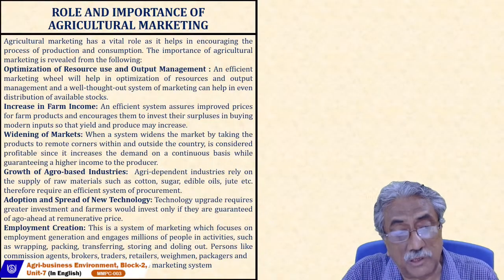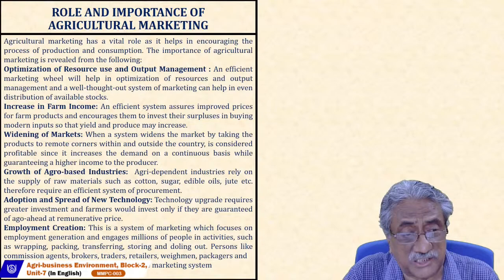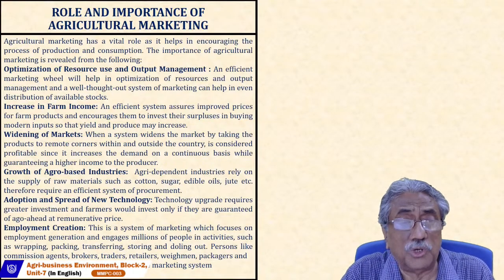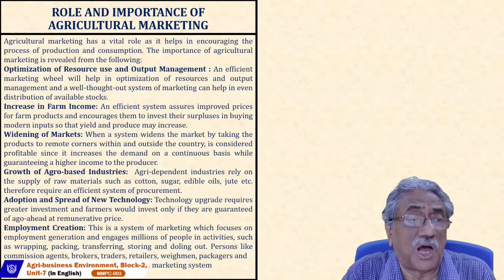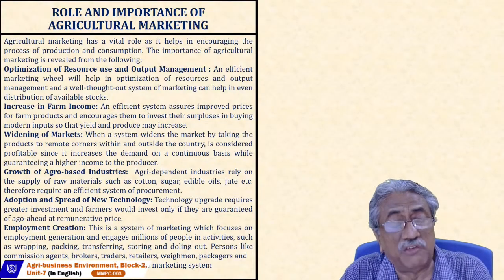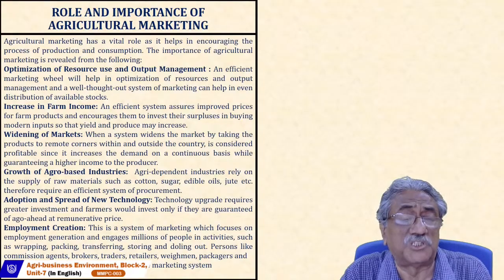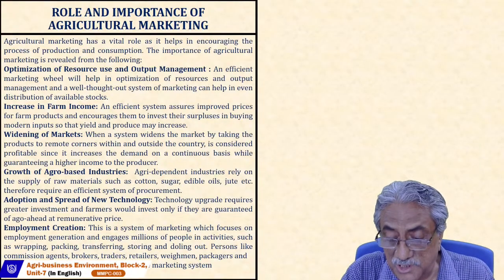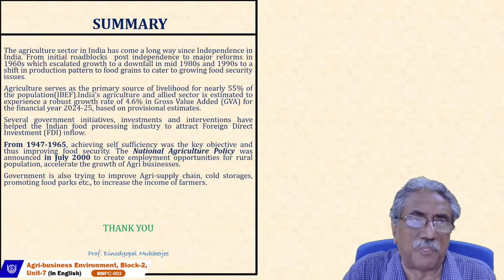They can use high quality fertilizer, seeds, etc. In the whole marketing process, as I told you, only 7% of the people are actual farmers. The other 55%, that means 48%, are involved in agriculture, so it is a huge employment generation in the agricultural sector.